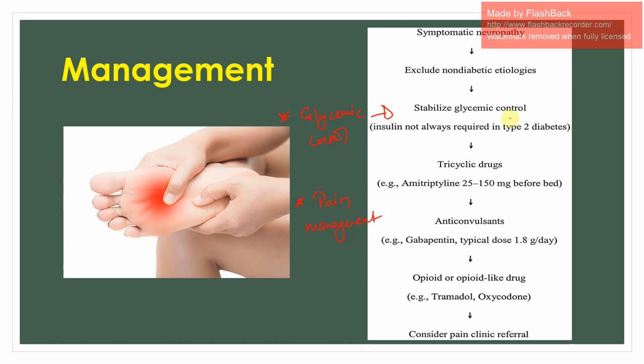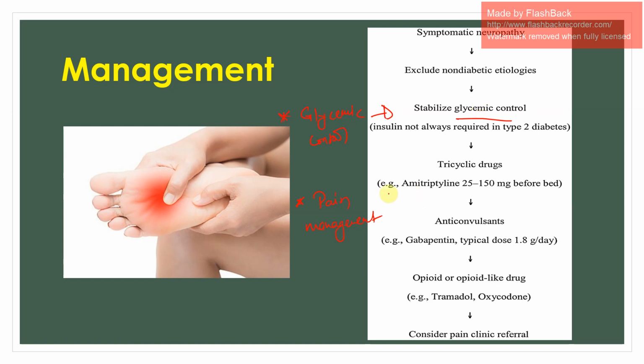Glycemic control is very essential for somatic manifestations like polyneuropathy and mononeuropathy, but less fruitful for autonomic neuropathy. Most patients with autonomic neuropathy will die in the course of 10 years, and glycemic control, according to studies, is not very beneficial. But we should focus on glycemic control, the first important point.